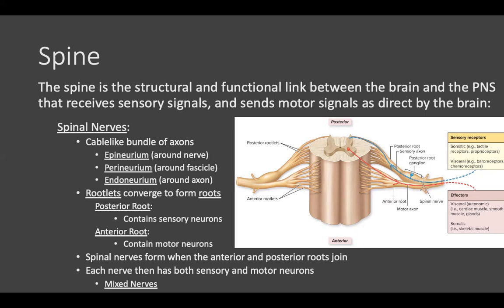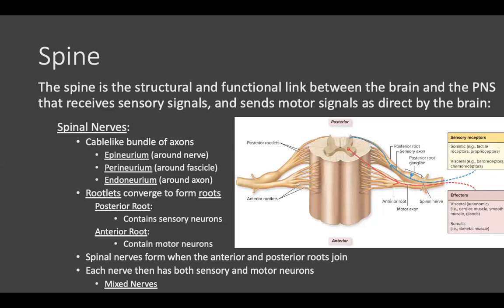And you can see here the posterior root is what's going to have all the sensory neurons there, which means that anytime that we pick up a signal, say again that our body is getting hot from the environment around, or you put your hand on a hot stove, something like that, all those afferent neurons are going to be bringing that signal to the posterior aspect of the rami, if you will, of the spinal column via those now diverging roots into rootlets that will then give us the connection to the spinal cord.